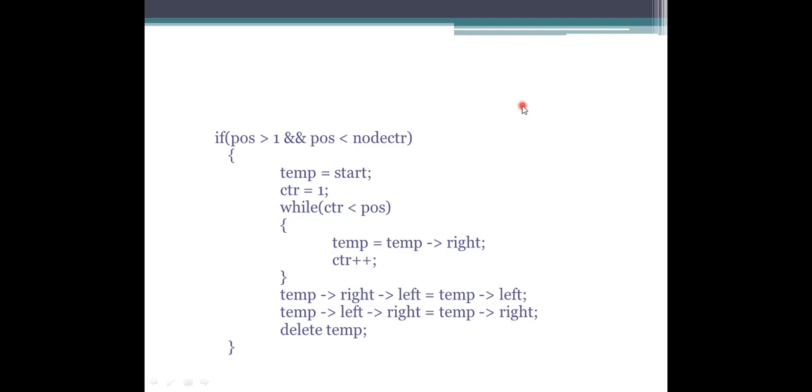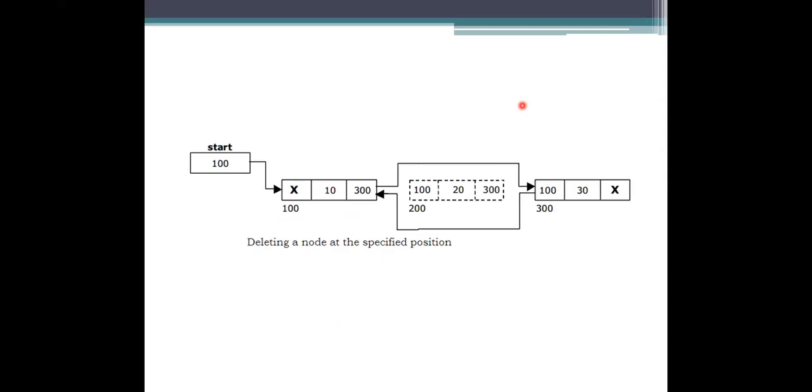If the position is greater than 1 and also less than the node count, meaning it has more than 3 or 4 elements, then I need to start the processing. There I have to take the values and process them.